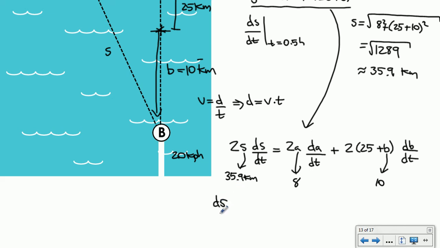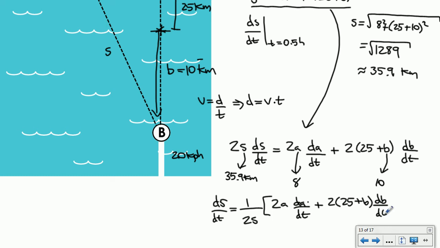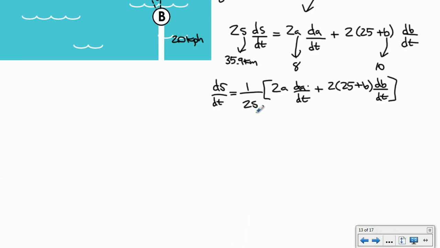So we can now isolate for dS/dt. That would be 1 over 2s times 2a dA/dt plus 2 times (25 plus b) dB/dt. So we can divide out the 2's. If this half was distributed into each term, the 2's would disappear. And now our expression for dS/dt is a little bit simpler. So we can sub in for s, which was root 1289.